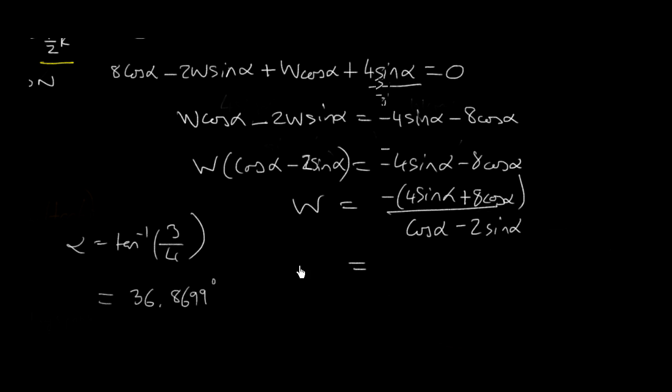There. But so we have minus 4 sine alpha is 4 times sine of we call A equal to 2.4 plus 8 cos alpha plus 8 cos we call A, 8.8 negative. 8.8 divided by cos alpha minus 2 sine alpha.